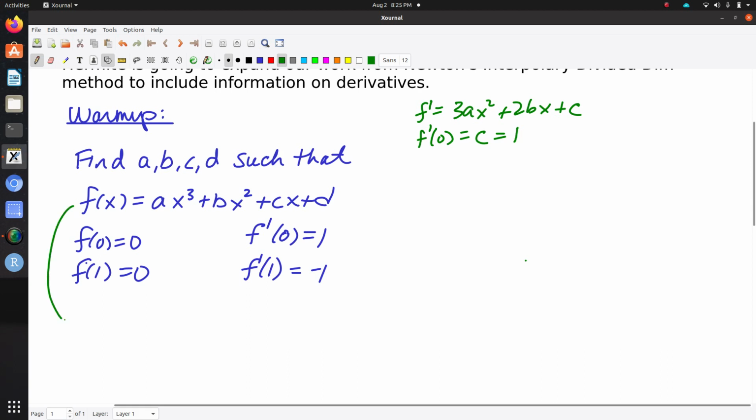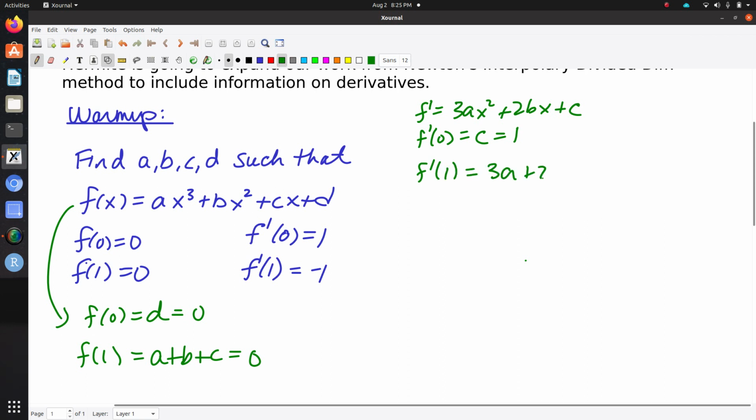And we know f of 0 is equal to d, so that equals 0. f of 1 is a plus b plus c, and that has to equal 0. What about f prime of 1? It is 3a plus 2b plus c. We knew c is equal to 1 already, and d is 0. f prime of 1 is negative 1.